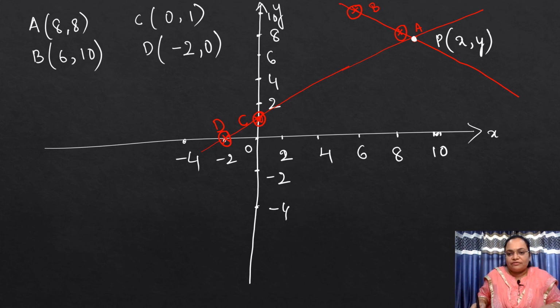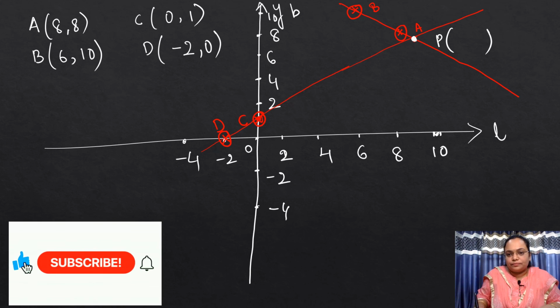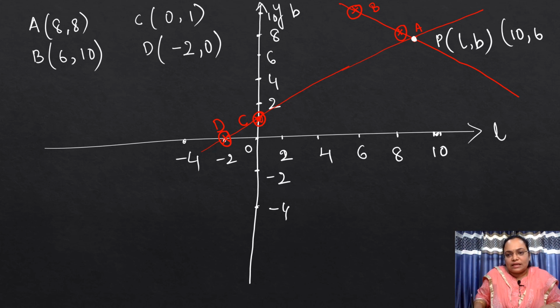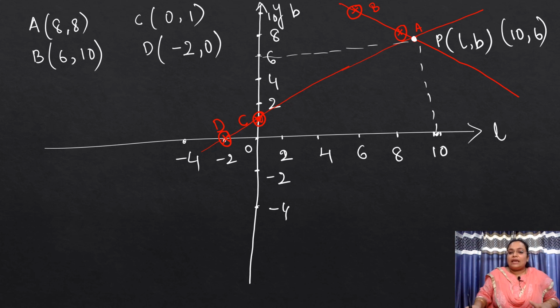So I think we have taken L and B, right? So we can take it as P of L and B, that is 10 comma 6. This is meeting at 10 and this is meeting at 6. So 10 and 6 is the solution of the given pair of linear equations.